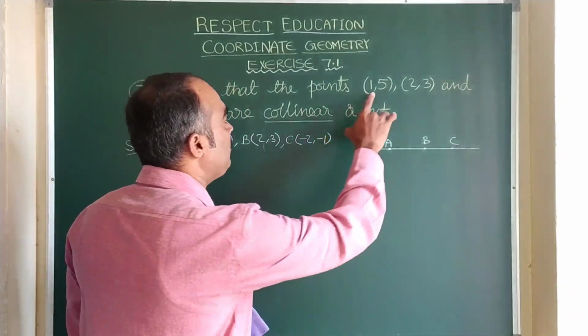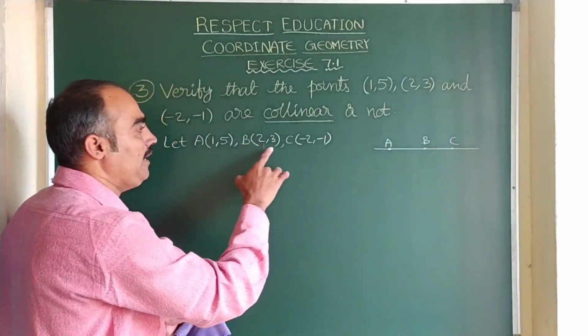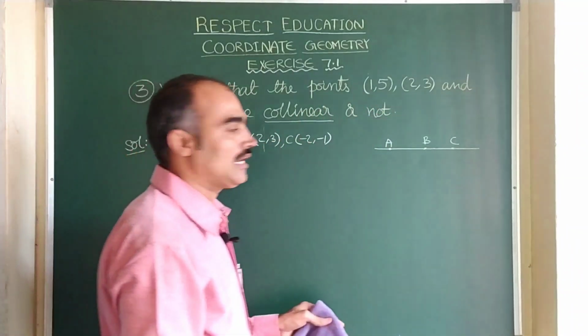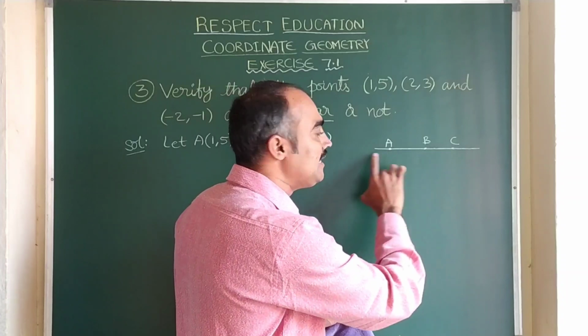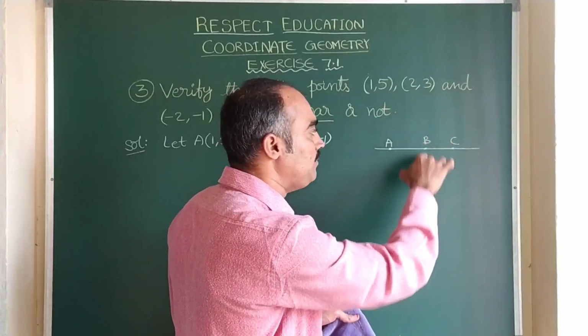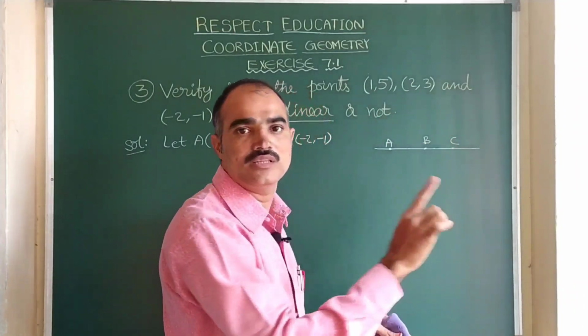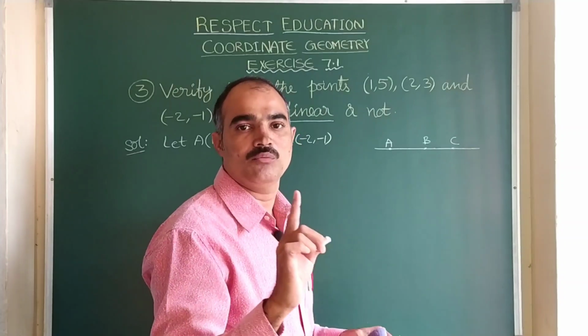Here the given points we are taking as A, B and C. You do remember, children, it is not compulsory that A should come first, B second, C third. That is not the order. Here order is not at all important.